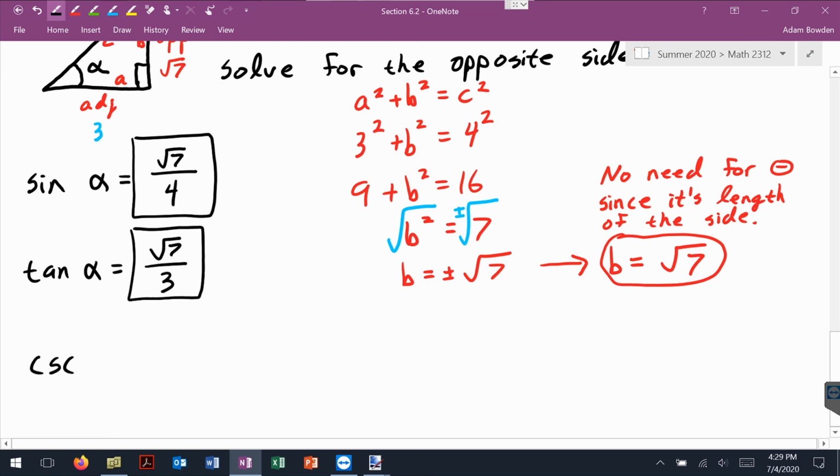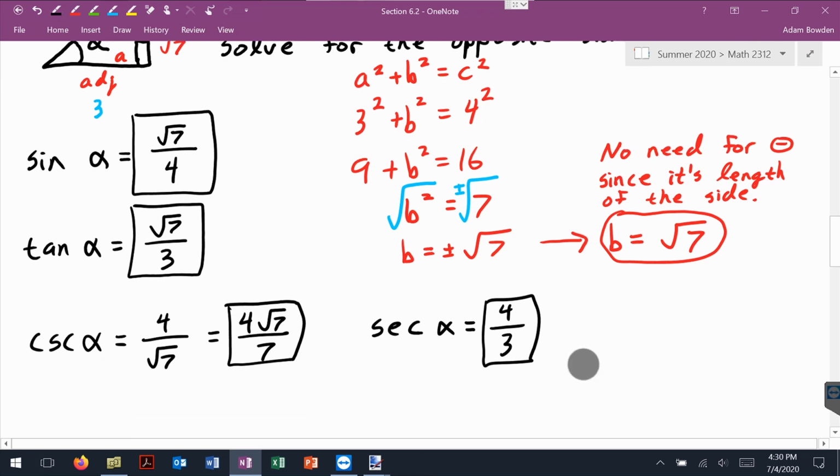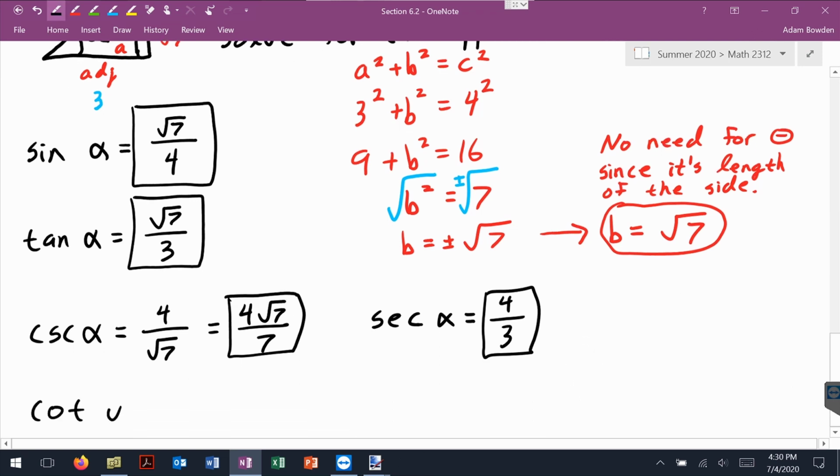The cosecant of alpha would be 4 over the square root of 7, which when we rationalize it would be 4 square roots of 7 over 7. The secant of alpha, that's the reciprocal of cosine, so that one would be 4 over 3. And then finally, the cotangent alpha, reciprocal of tangent, would look something like 3 over the square root of 7. When rationalized would be 3 square roots of 7 over 7.